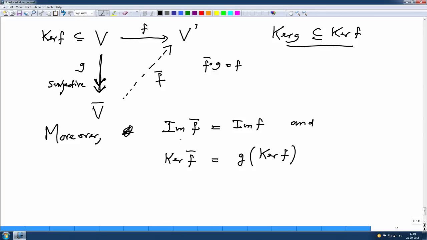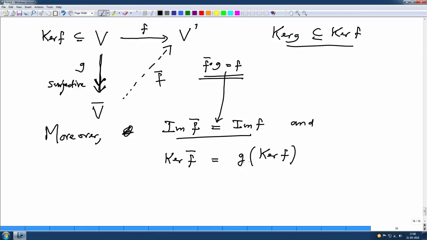So, well, this follows from this equality, because if somebody is in the image, then it is f of x, but then the f of x is f bar of g of x. So, it is in the image of f bar. This equality just says this immediately. Now, this one also is coming from here. See, suppose somebody is in the kernel of f bar.